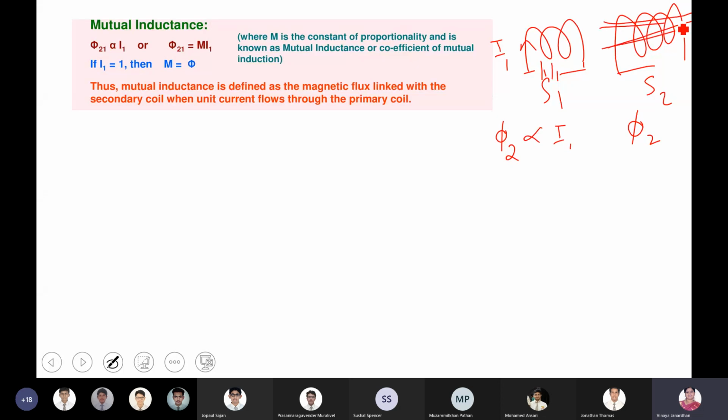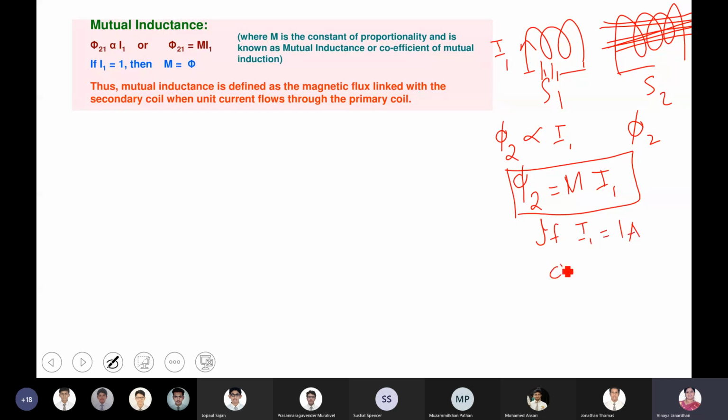The number of field lines passing through the second coil depends upon the strength of the current flowing through the first one, or phi 2 is equal to M into I1. Now this M is called the coefficient of mutual inductance. Now how will I define it? If I1 is equal to 1 ampere, then phi 2 becomes equal to M.